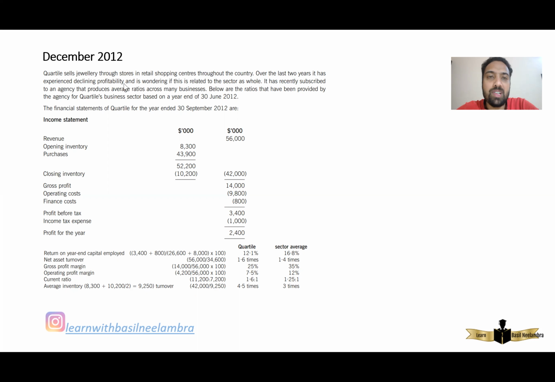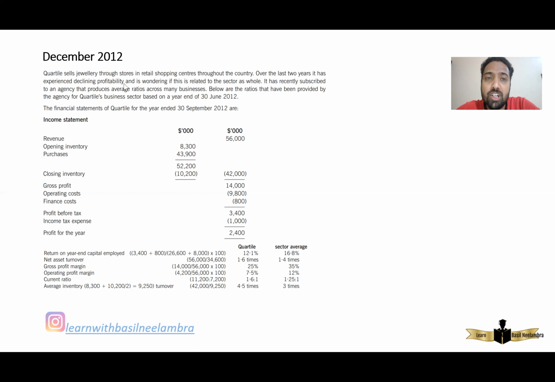Even if you make some mistake, even if you don't add, even if you don't minus, even if you don't adjust, don't worry. You're only going to lose half mark provided you show the calculations. And even if your calculations are wrong, if your interpretations are correct, you will get the entire marks for interpretation. So forget about calculations, focus more on interpretation.